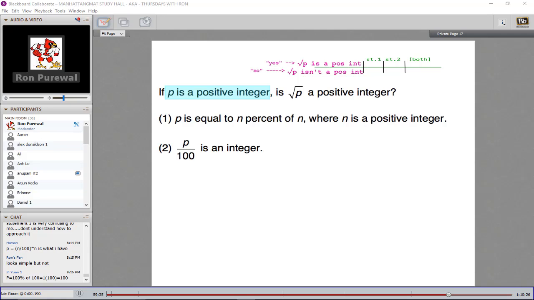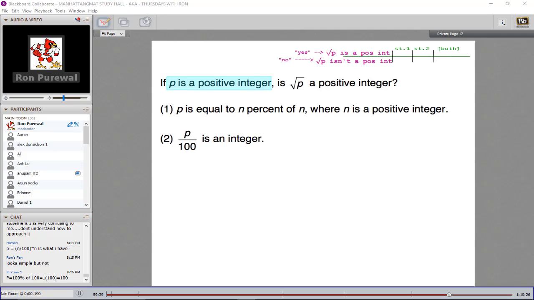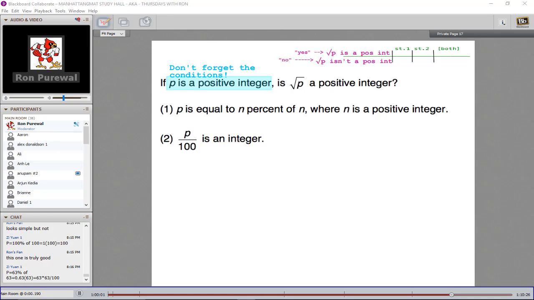Like if you get a result that's not an integer, then make sure that you discard it because you have a condition that says it has to be an integer. So, okay, P is n% of n.